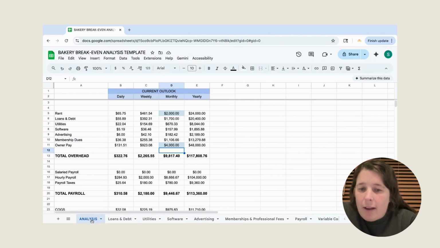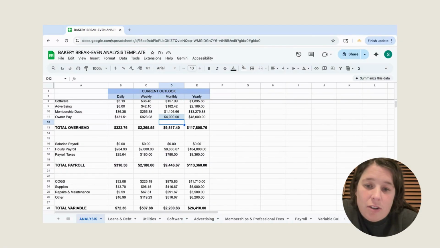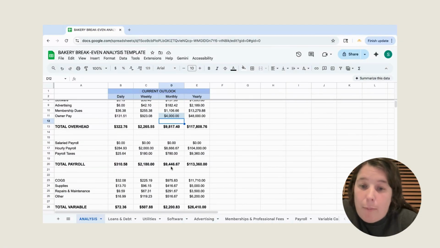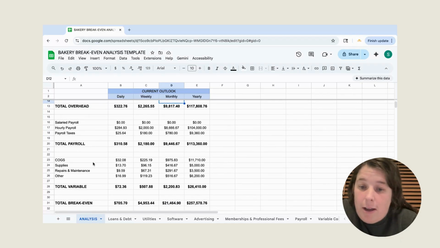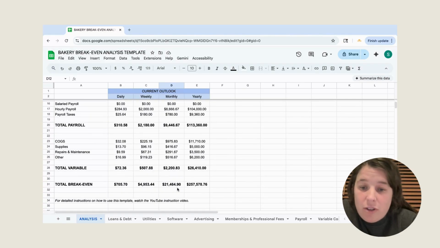So then if you come back to this first page, we have our full break-even analysis. The total overhead on a monthly basis is $9,817. Payroll works out to $9,400. The variable cost works out to $2,200 a month.